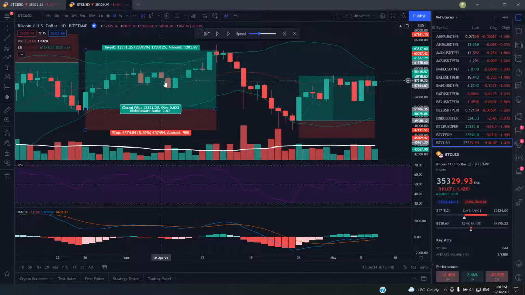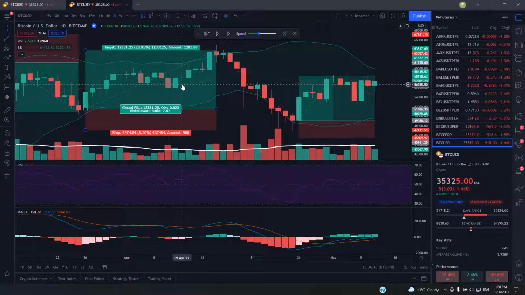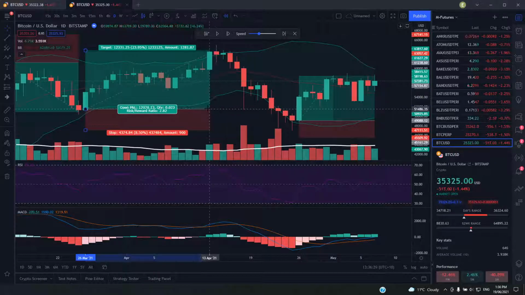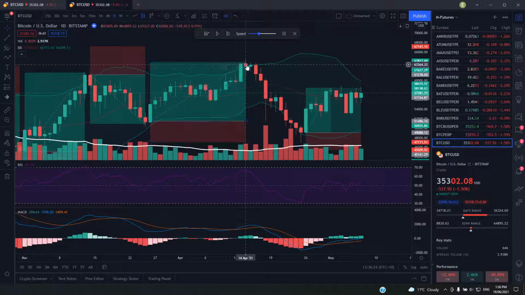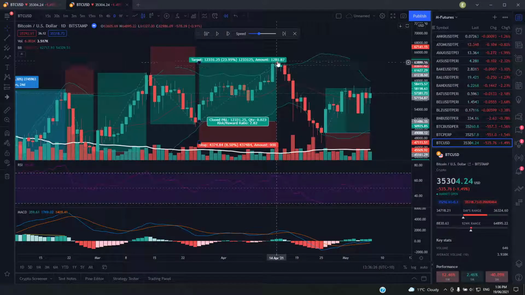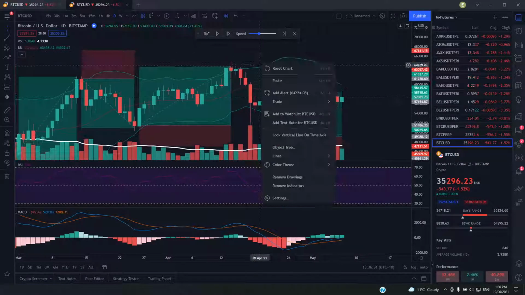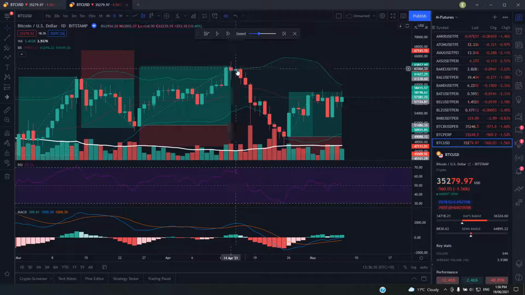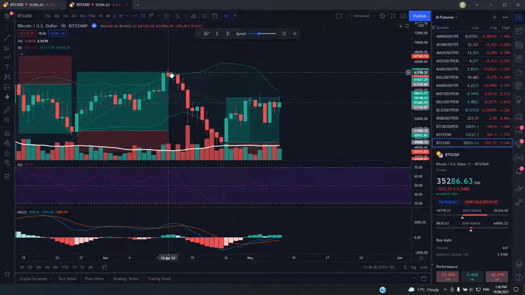Okay, so now I've got support, right? One, two, three times, so we're still in the trade, and then we move up. All right, we move up, we break. Okay, we move up and break out of the Bollinger Band, though we have an evening star there, or a bearish spinning top.